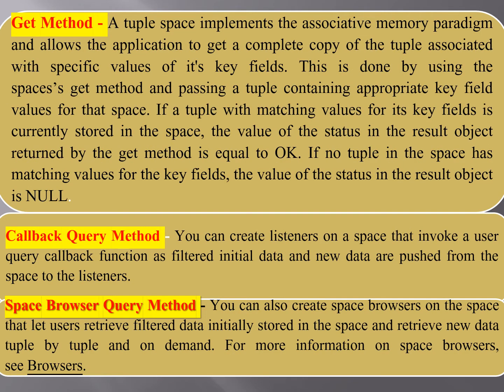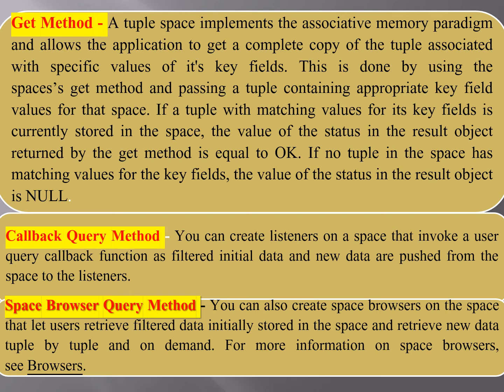Get method. A tuple space implements the active associative memory paradigm and allows the application to get a complete copy of the tuple associated with the specific values of its key fields. This is done by using the space's get method and passing a tuple containing appropriate key field values for that space.